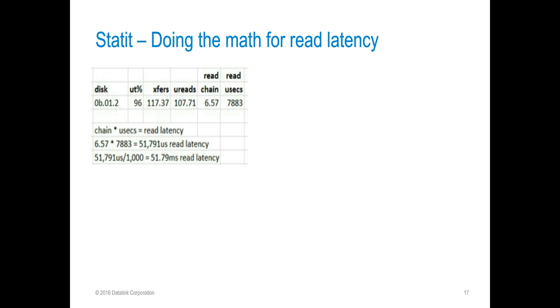So if we take this chain times USEX, that will help us calculate the read latency. So in our example here, we took 6.5 times 7,883, and we get 51,000 USEX of read latency. If you take that and divide it by 1,000, that converts it to milliseconds. We're getting almost 52 milliseconds of read latency.